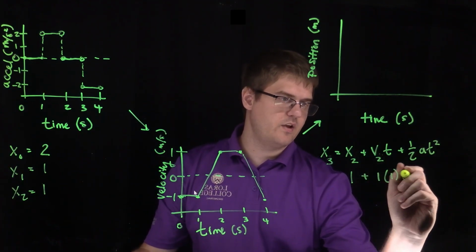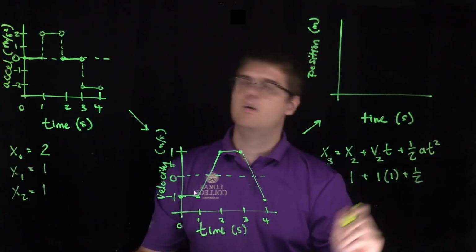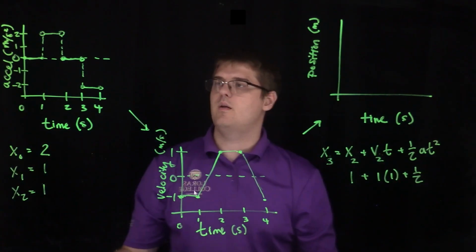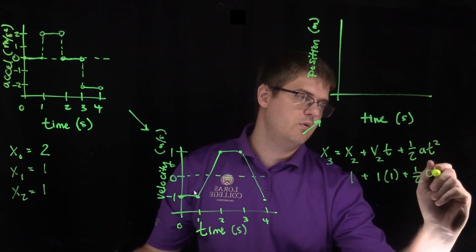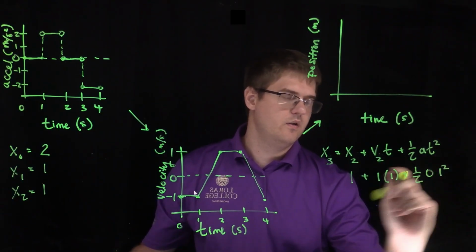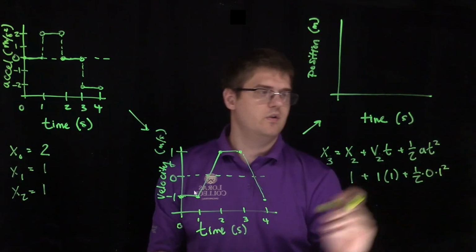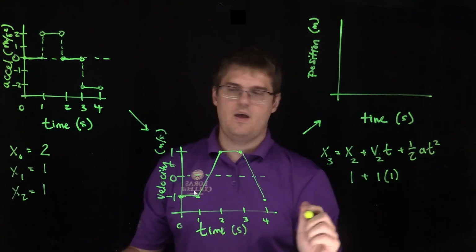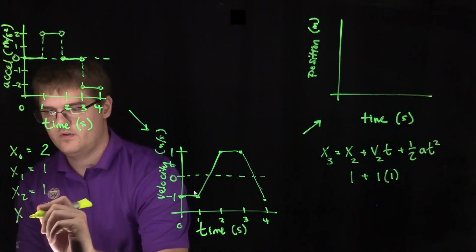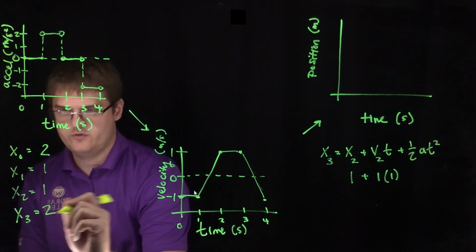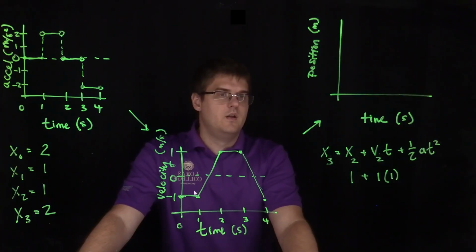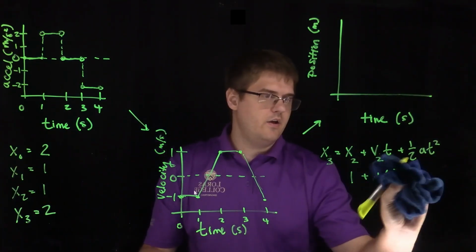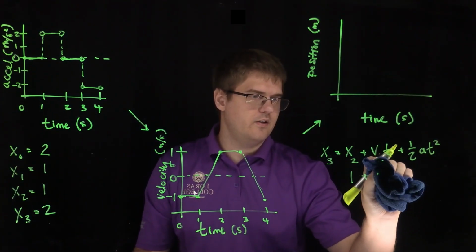Change in time of 1 second plus 1/2 acceleration between 2 and 3 is 0 times 1 squared. That entire thing goes to 0. x3 becomes 2. And trying to go as fast as I can here.